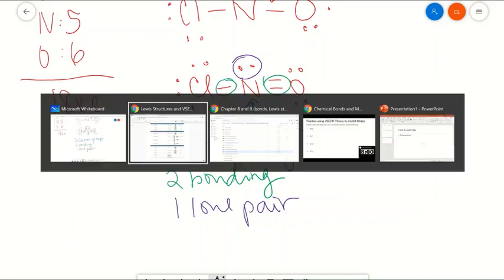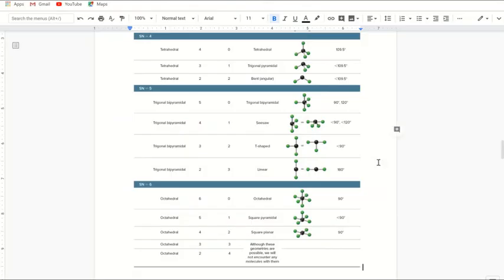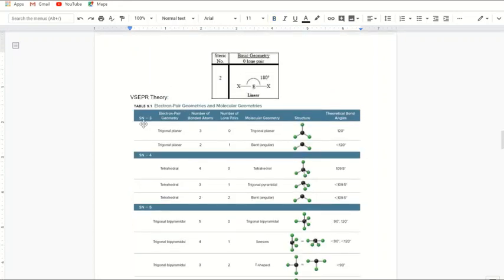All right, now you can go ahead and take a look at this guy. So we had a steric number of 3, so we're going to be up here. We had 2 bonded and 1 lone pair. So we know the electron pair geometry is trigonal planar, and the overall molecular geometry is bent.